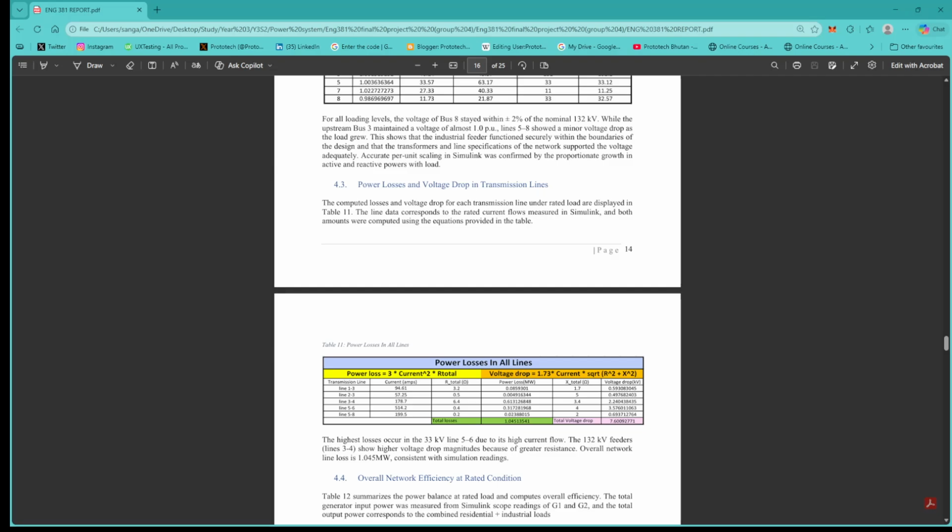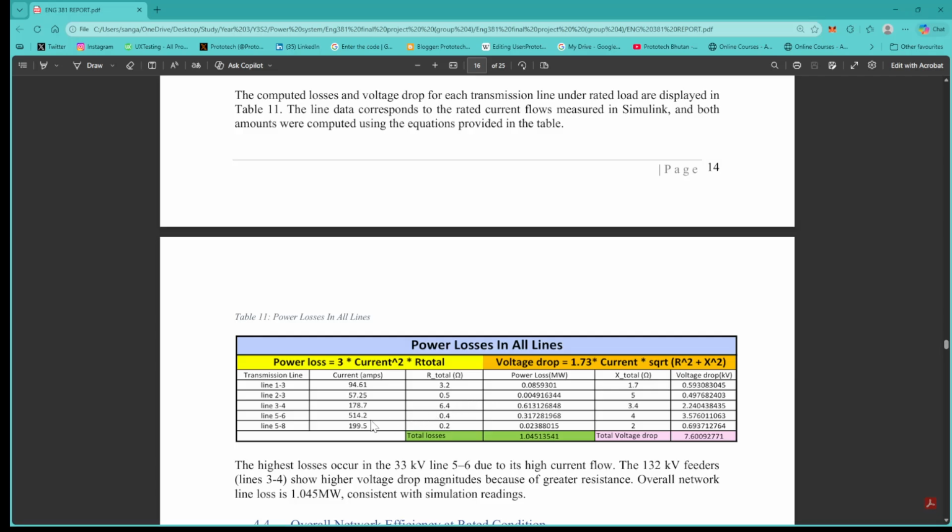Transmission line losses were calculated using the three-phase loss equation, and the highest loss was observed in the 33 kV line.